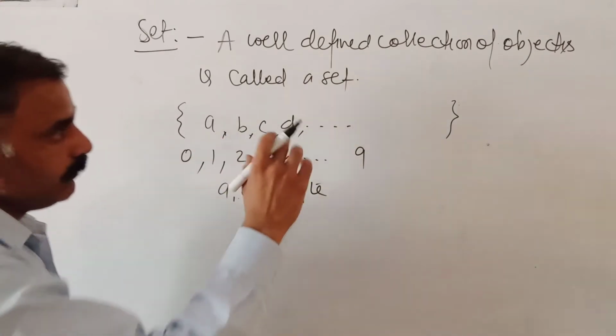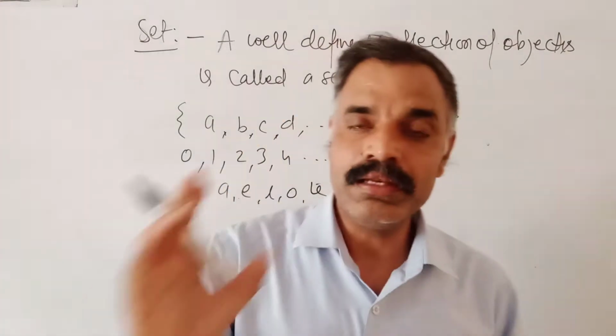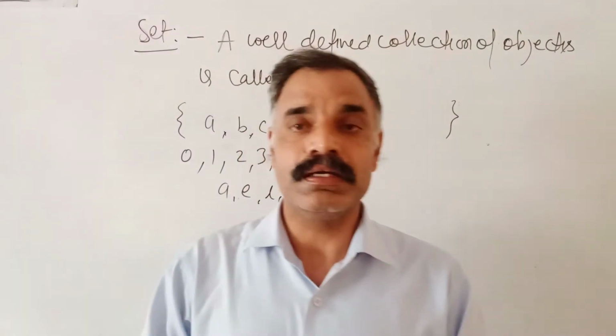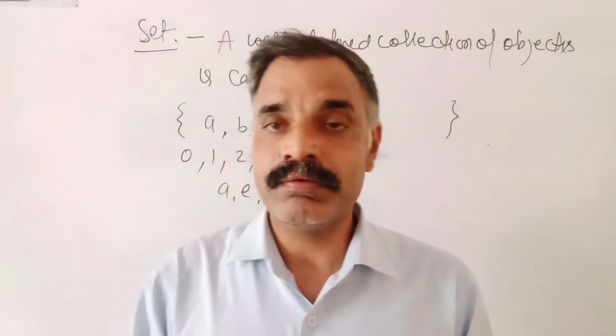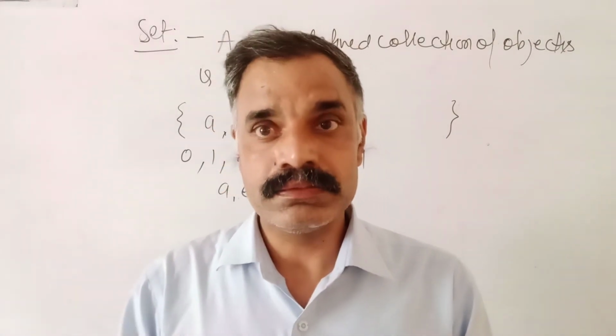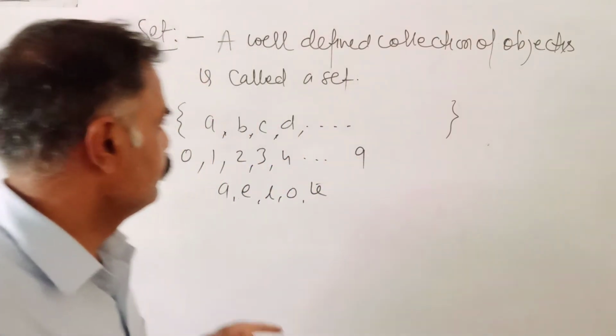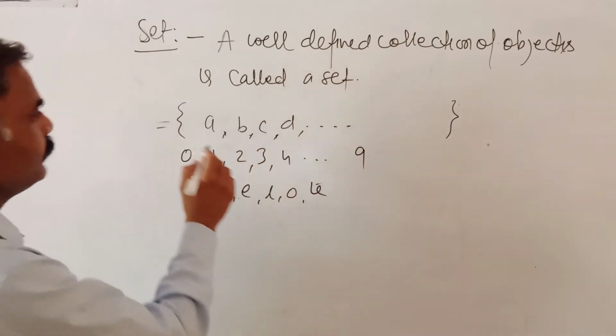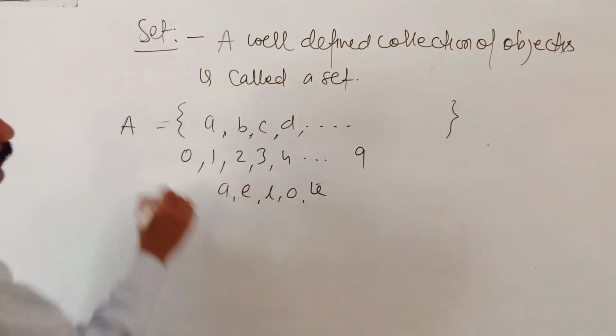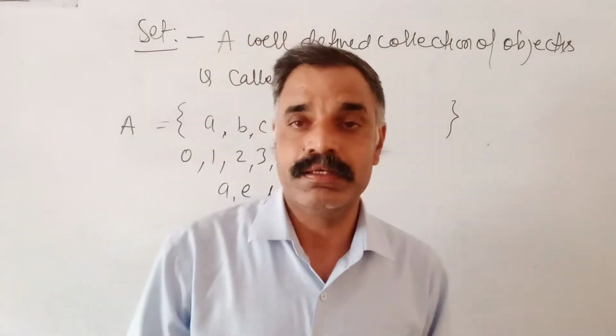The elements of the set are represented by small letters of the English alphabet, and the set is given its name by a capital letter of the English alphabet.